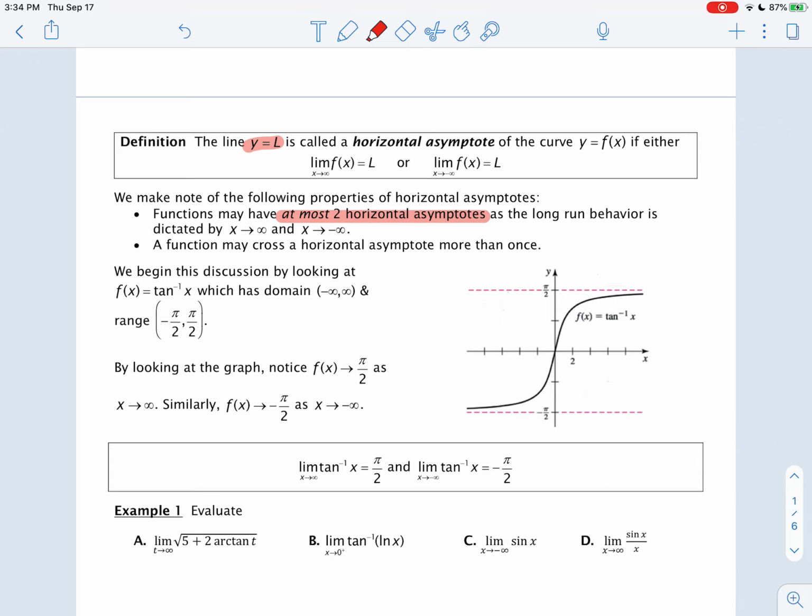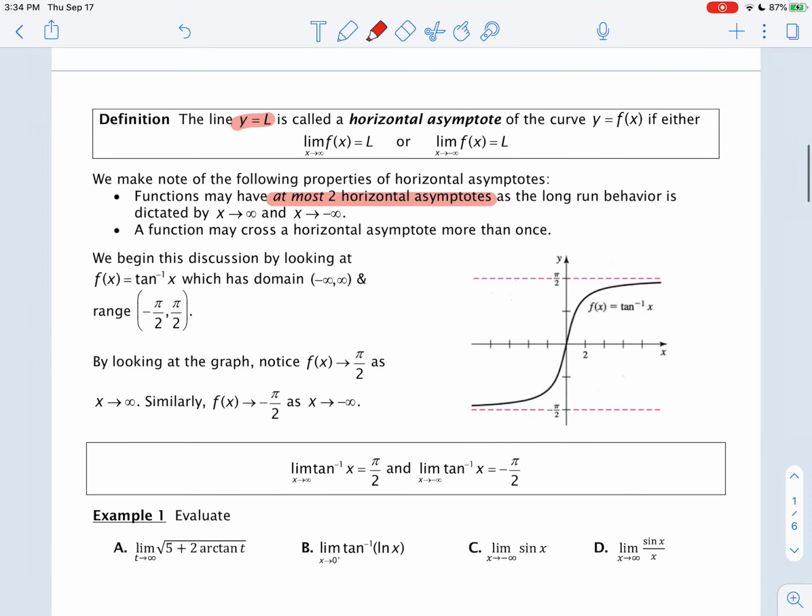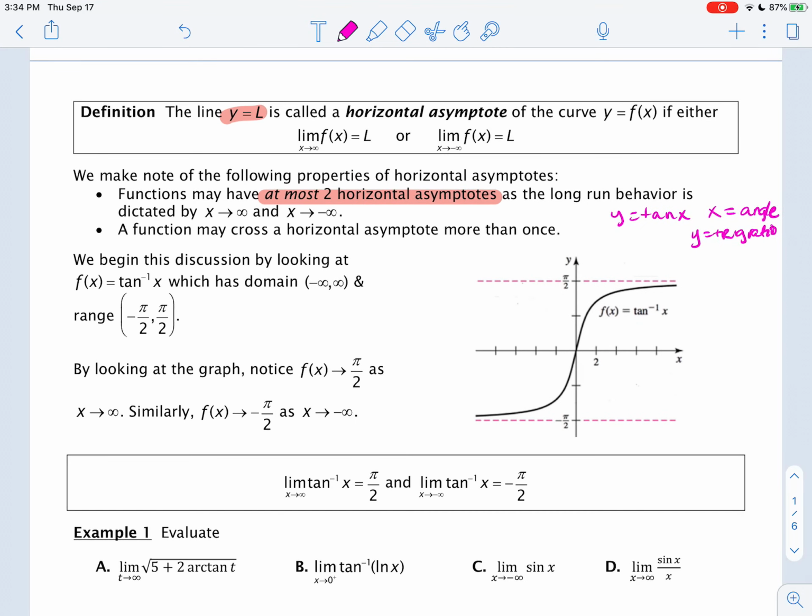We begin with a simple function, the inverse tangent. If you recall, if y is equal to tangent of x, your input value is going to be an angle, and your y is going to be a trig ratio, the opposite over adjacent in that reference triangle in the plane.